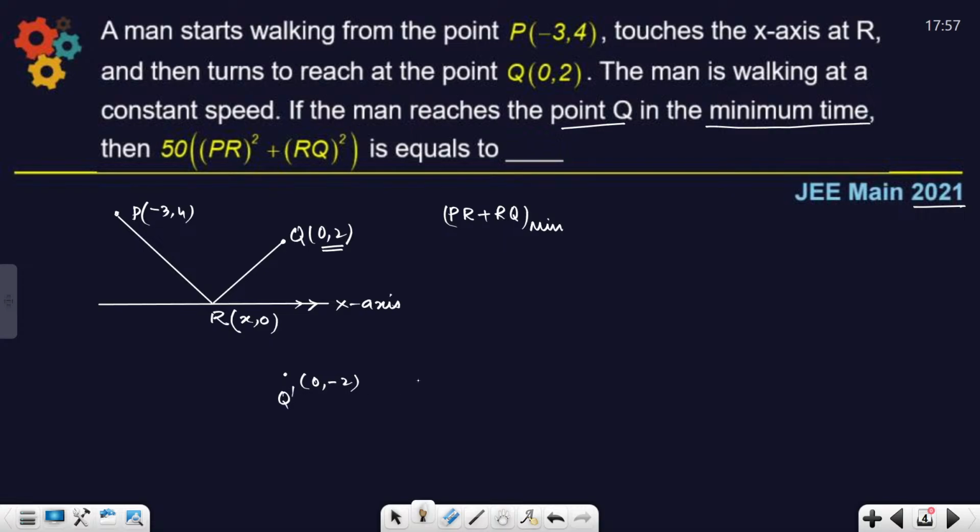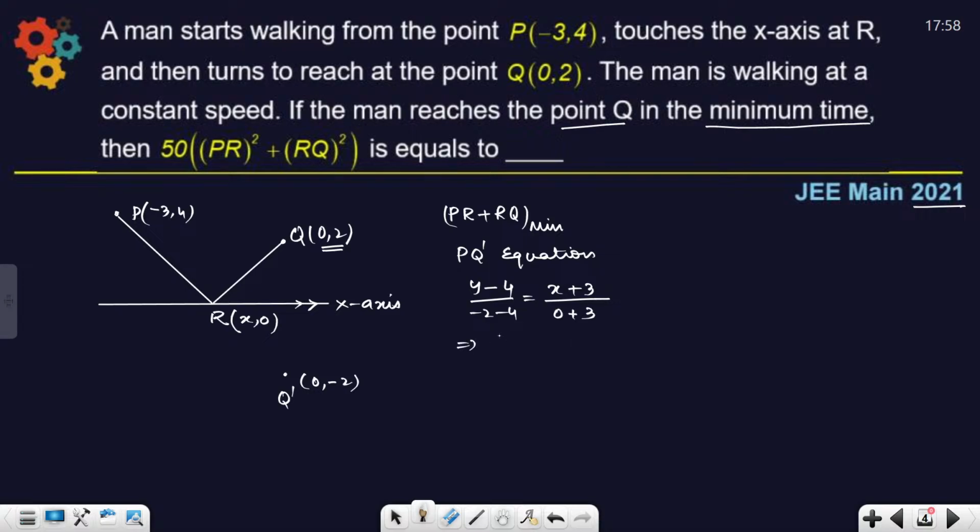So now our method is to find the equation of PQ dash. Now by using the two-point form, the equation of PQ dash will be (y - y1)/(y2 - y1) = (x - x1)/(x2 - x1).